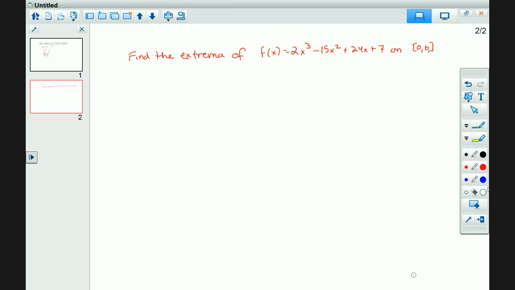So we need to find the critical points, right? We're looking for extrema. So first step, derivative. 6x squared minus 30x plus 24. Okay.